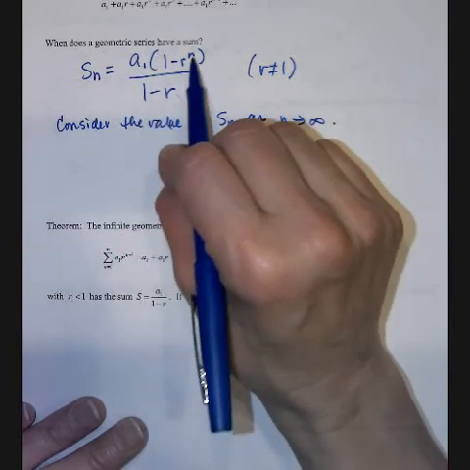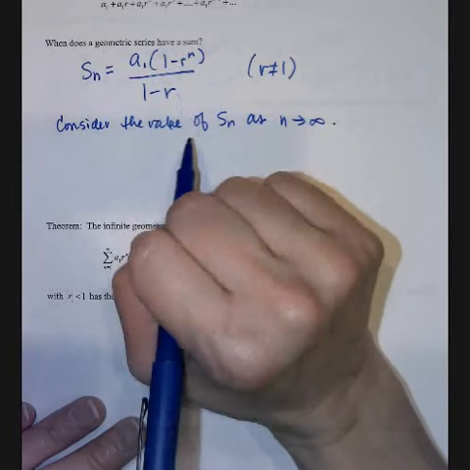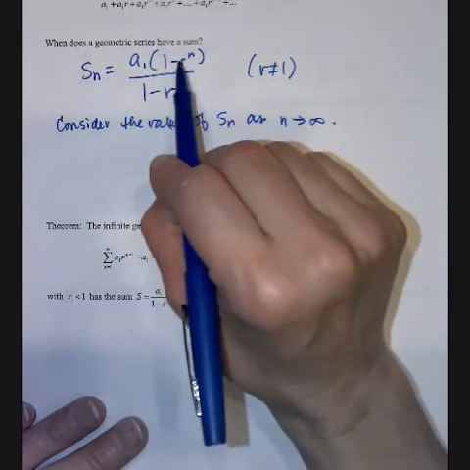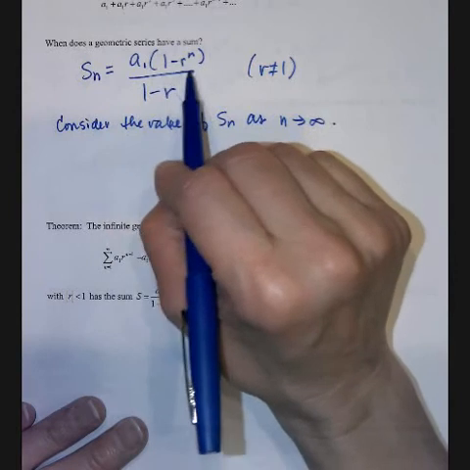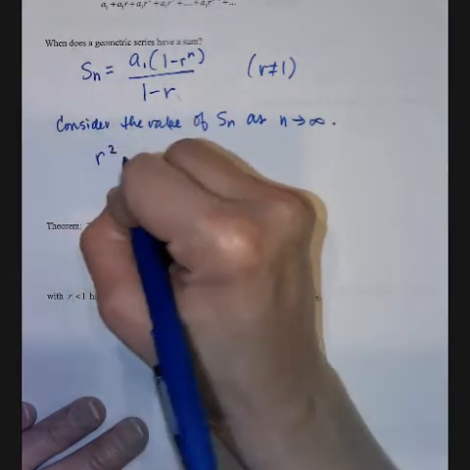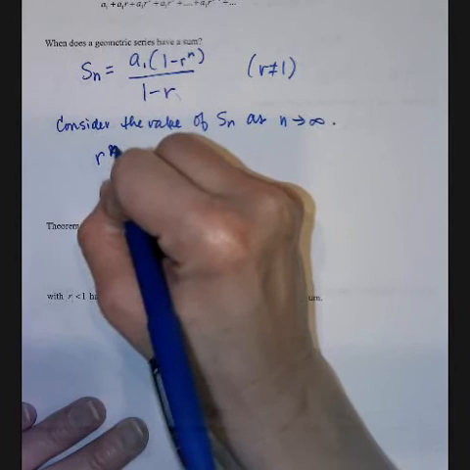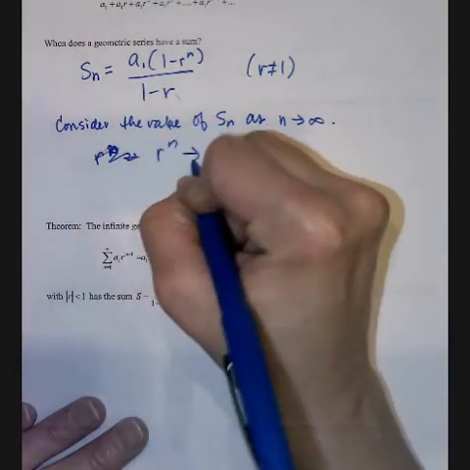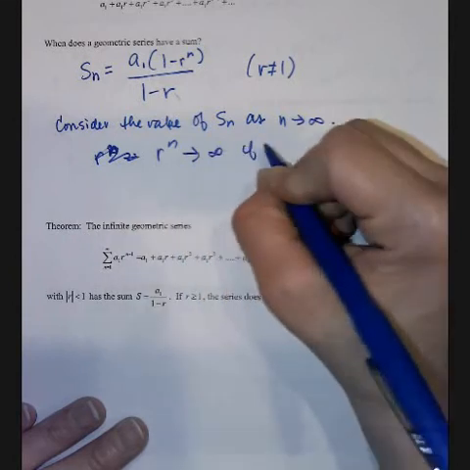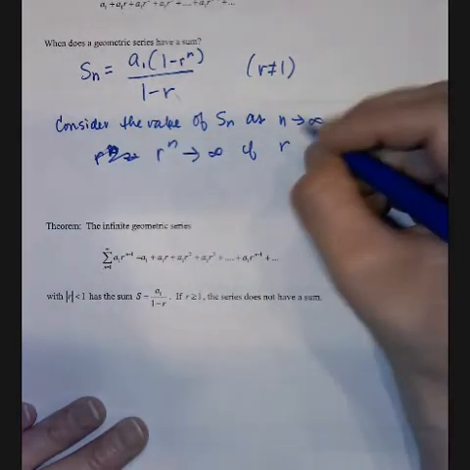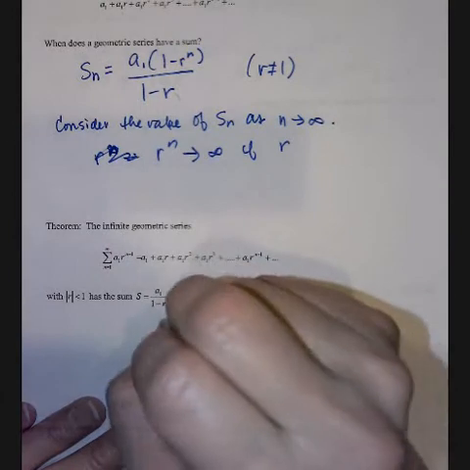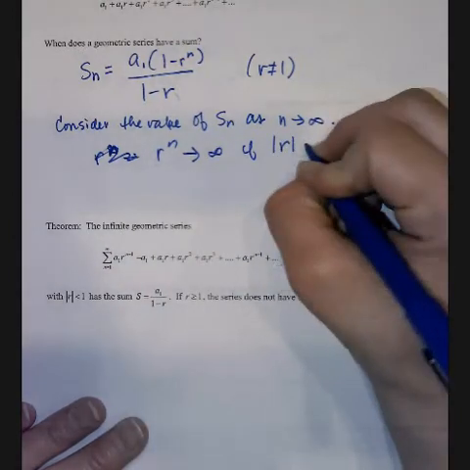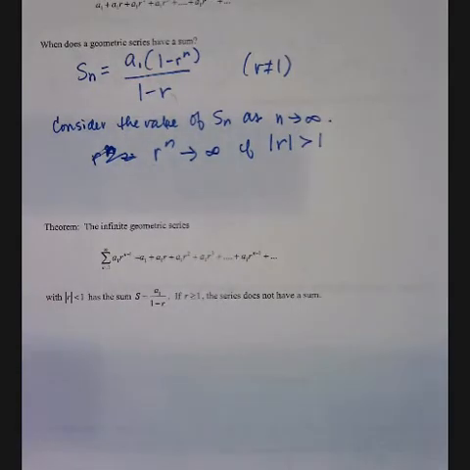The n is what's changing. So if r is bigger than 1, that's going to become infinite. Let me start over. r to the n will tend to infinity if r is bigger than 1 or less than -1, which we could say, using absolute value, the absolute value of r is bigger than 1, because r can be positive or negative.